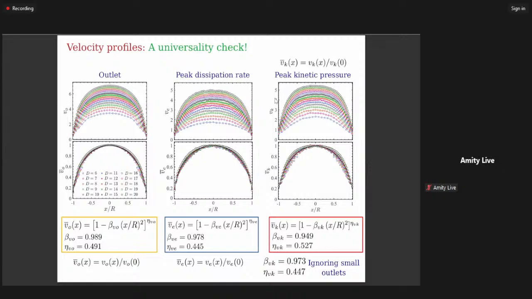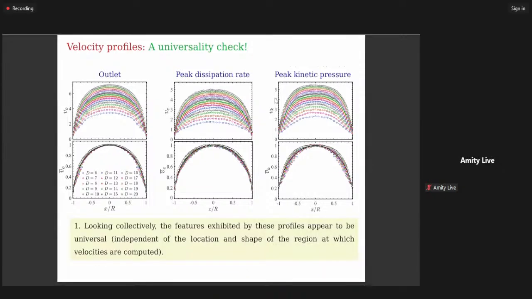So what does it say? It says that if I look collectively at the features which these profiles exhibit, they appear to be universal.